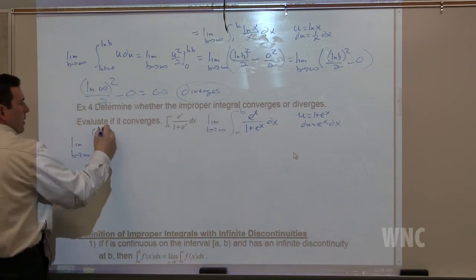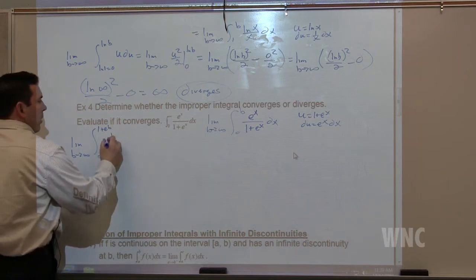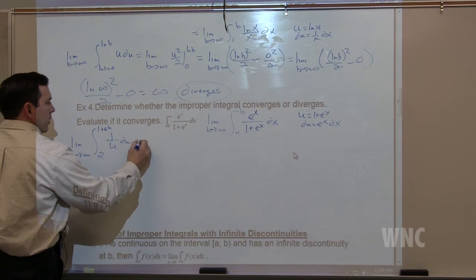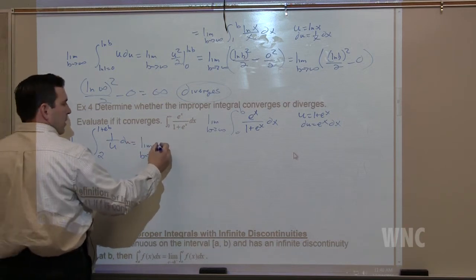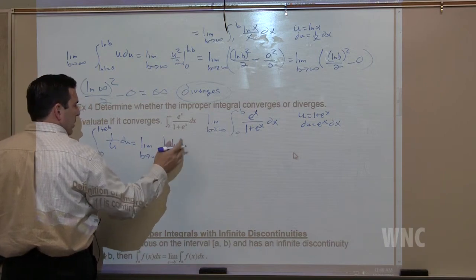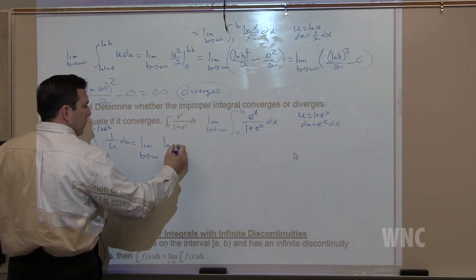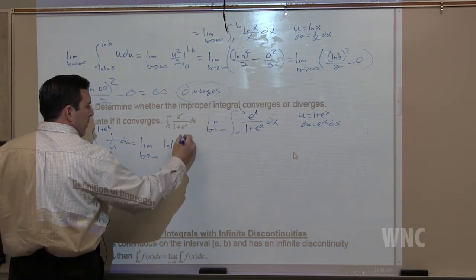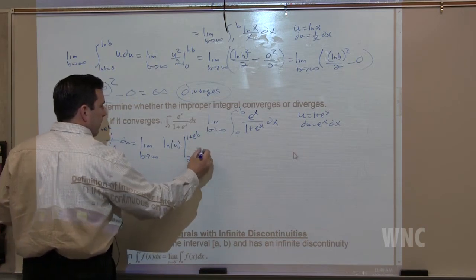And we'll have 1 plus e to the b up here. And we have 1 over u du. That's going to give us natural log of the absolute value of u. I don't need absolute values because I'm dealing with positive values here. From 2 to 1 plus e to the b.